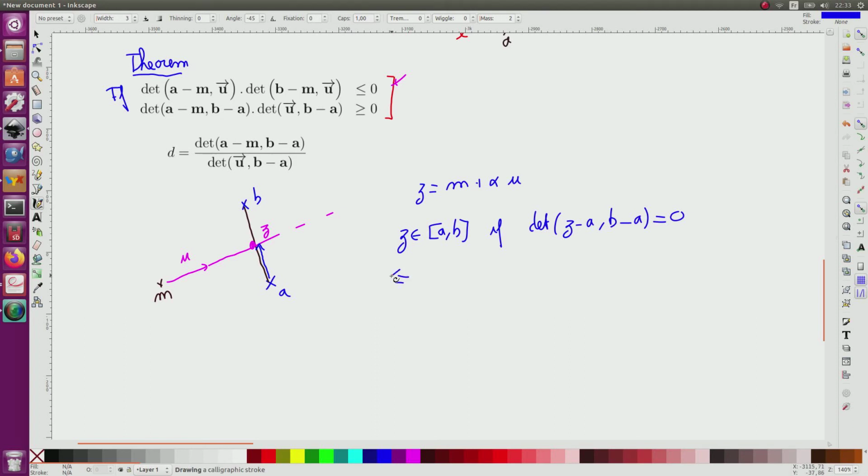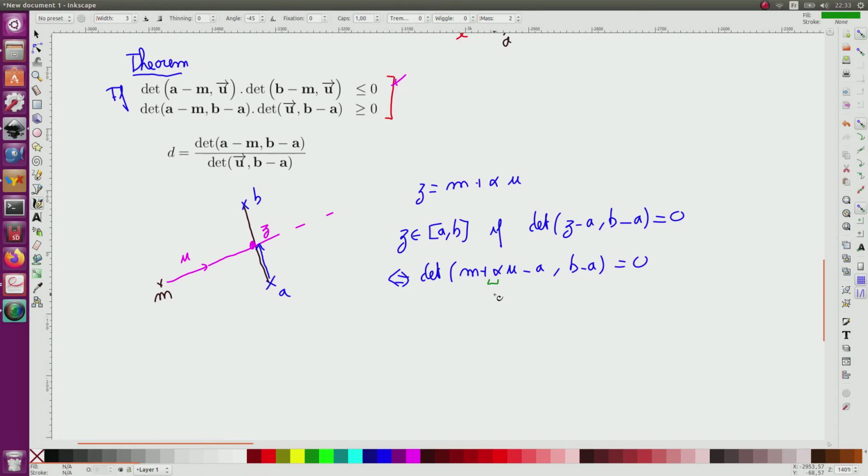This is equivalent to saying that the determinant of (m plus alpha u minus a), (b minus a) is equal to 0. And the unknown is, of course, alpha.